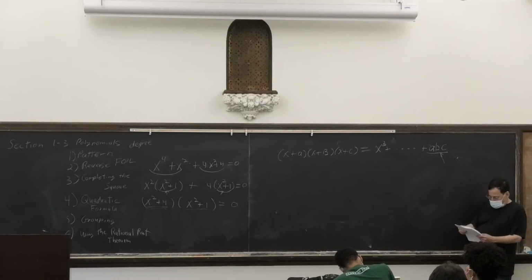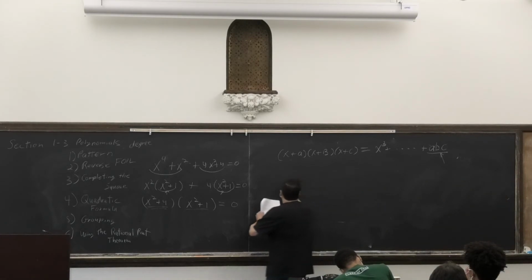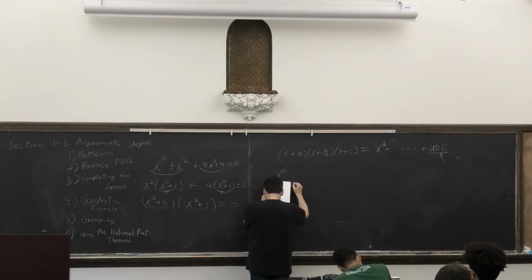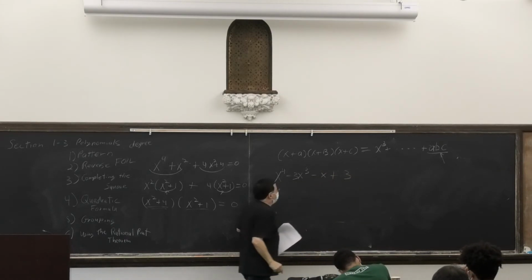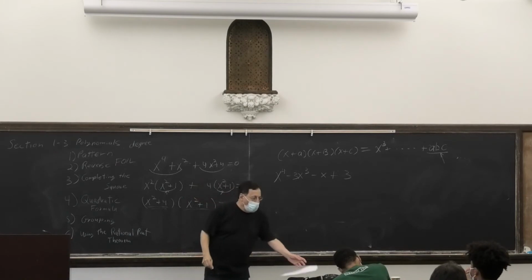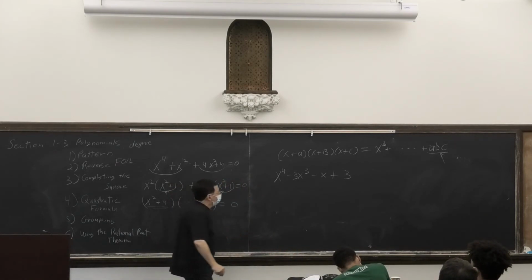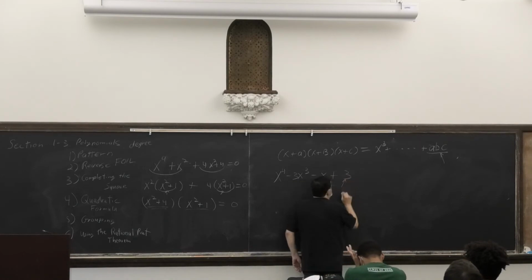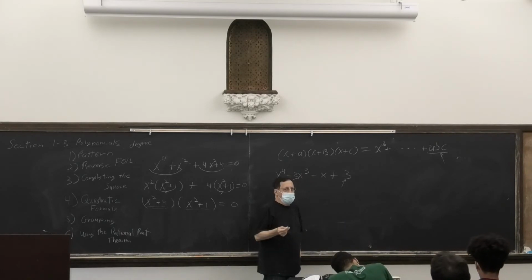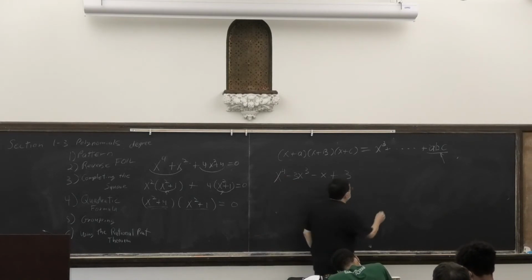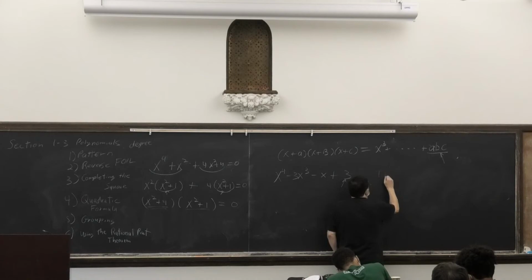So let's take a look at an example. Okay, I want to factor this, and I'm hoping it has a rational root. Look at the constant term, and that tells me that the only possible rational roots are factors of this: 1, 3, minus 1, and minus 3.